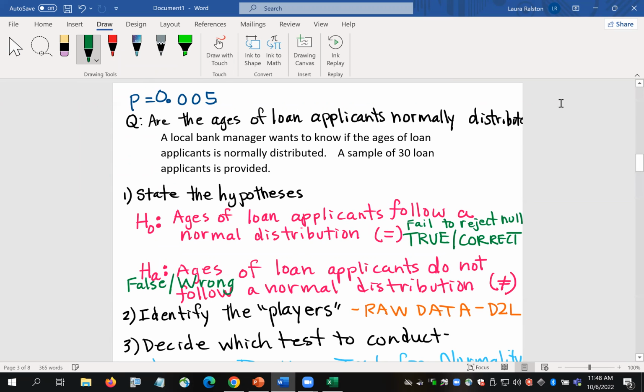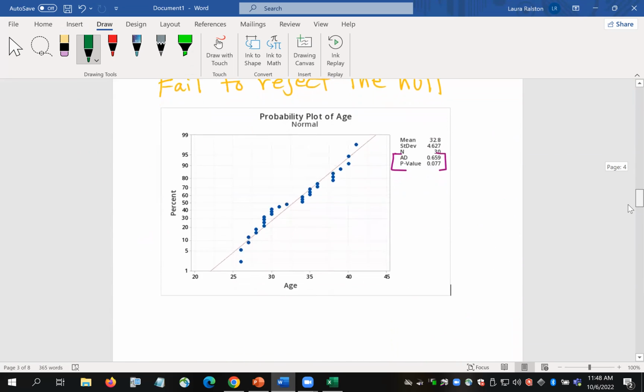So in this case, I have proven that it does follow a normal distribution.